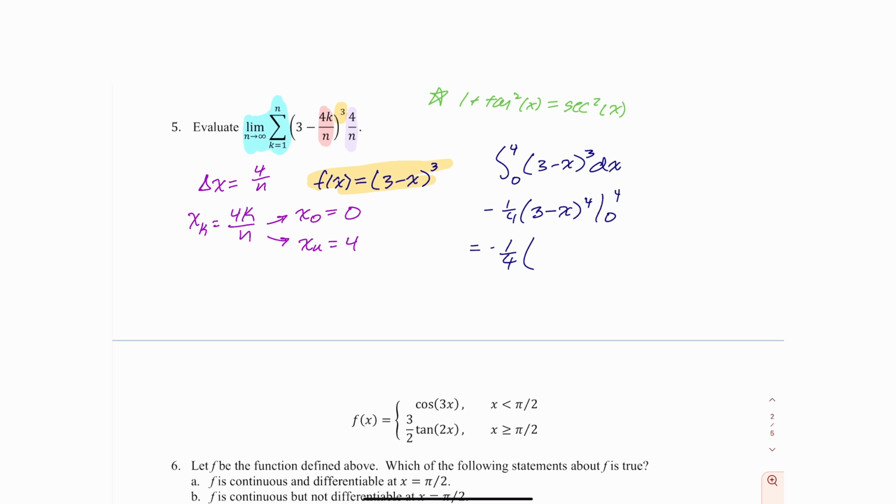But if I plug in 4, I get negative 1 to the 4th. And then if I plug in 0, I get 3 to the 4th. That's going to be negative 1/4 of 1 minus 81, which is negative 1/4 of negative 80, which is 20. So I think the answer to this question is 20.